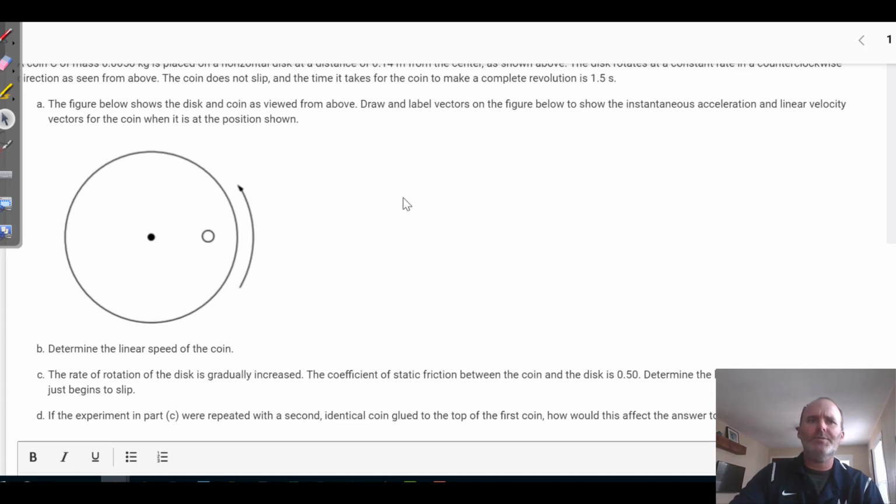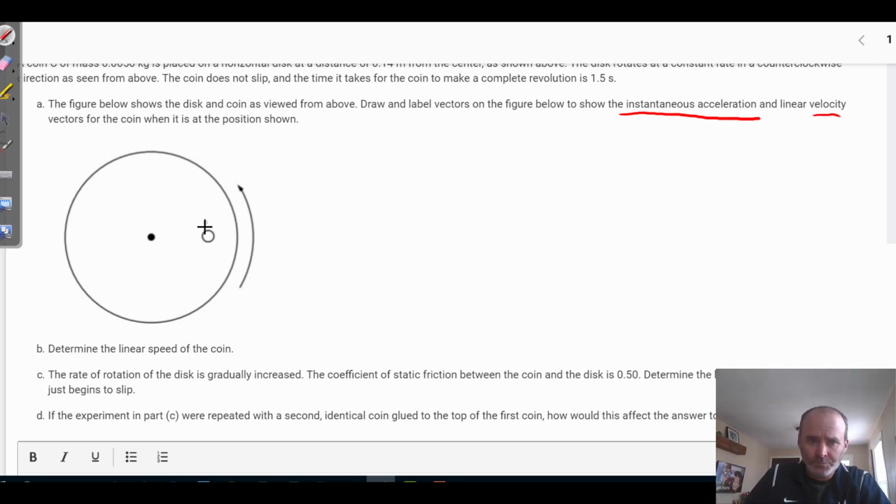And well, first we have to draw some vectors on here. All right, so draw and label the vectors for the acceleration. So we're going to do the instantaneous acceleration and the velocity vectors.